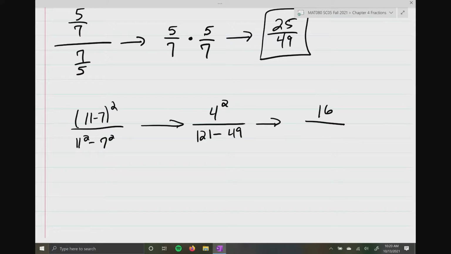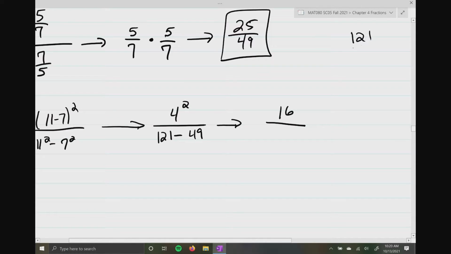Does anybody know what that is? Me neither. That's why you do it. Write it down. 121 minus 49. Definitely got to borrow. 11 minus 9 is 2. 10 minus 4 is 6. So I come up with 62.